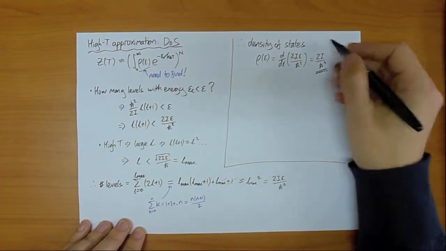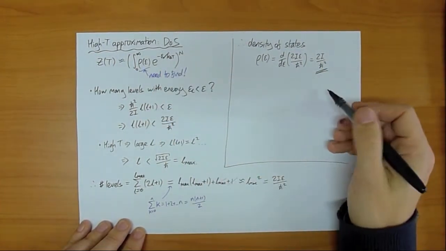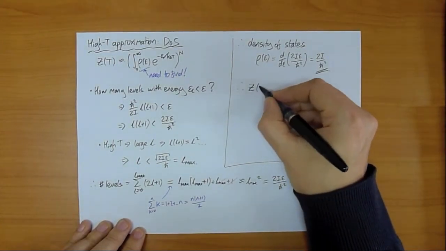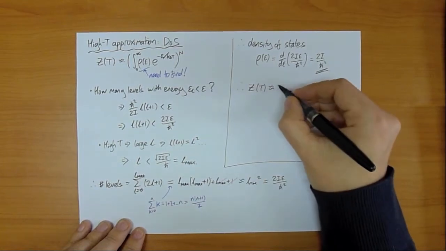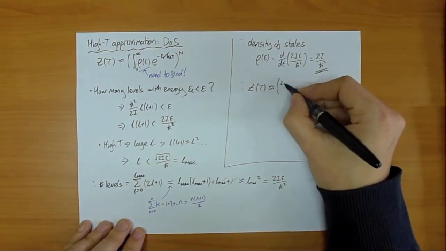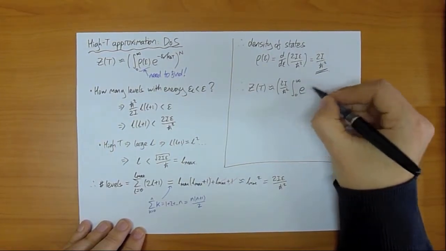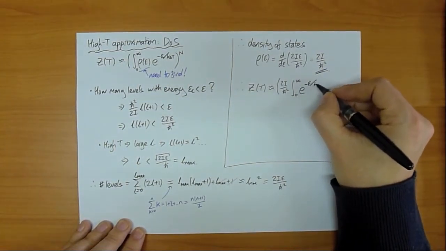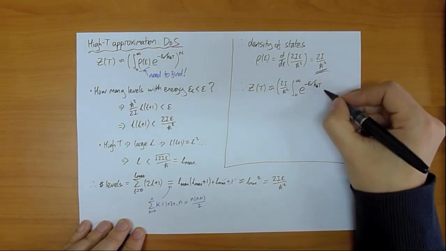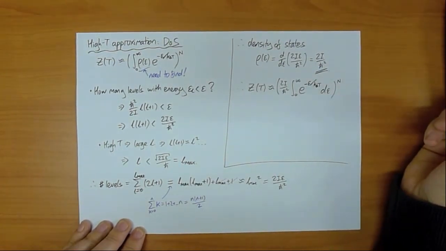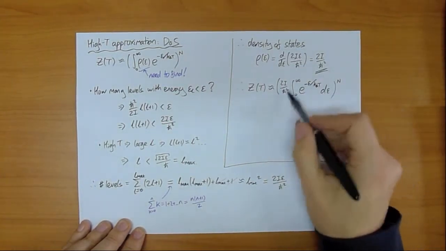Now we can put this back into our approximation for Z, and you get a straightforward integral. So Z(T) is approximately 2I over h bar squared, integral from 0 to infinity, e to the minus epsilon over k_B T, d epsilon, to the power N. This is an integral you can easily do.